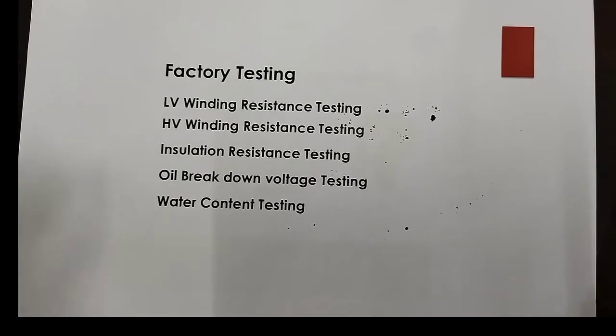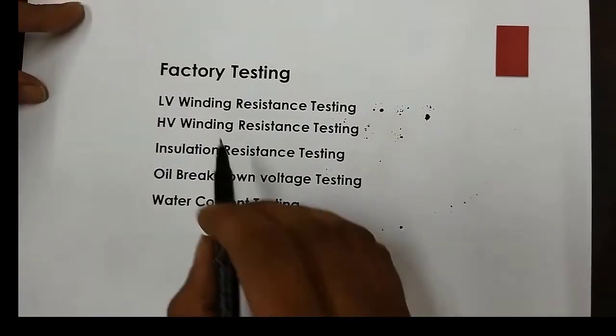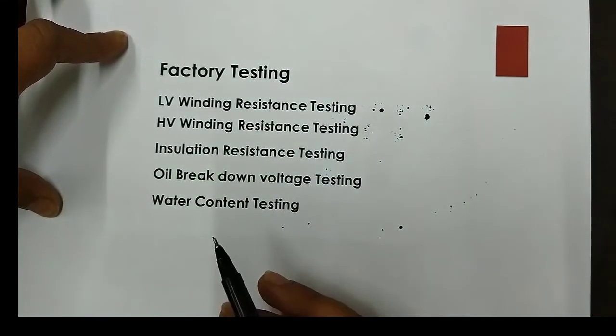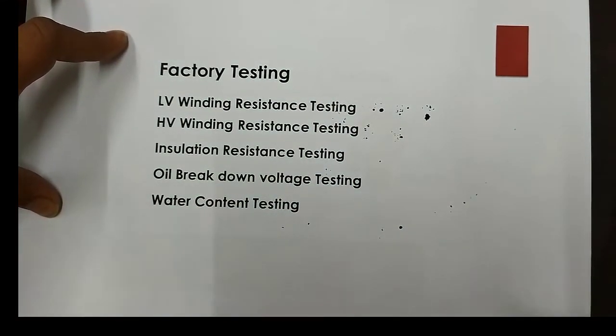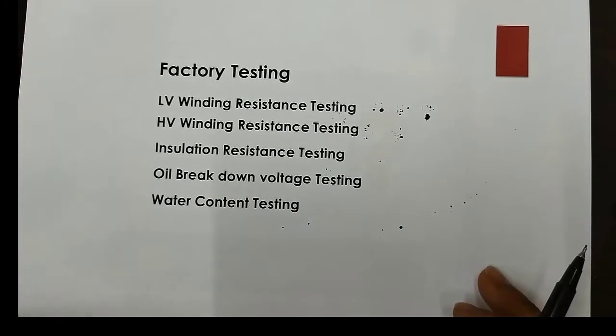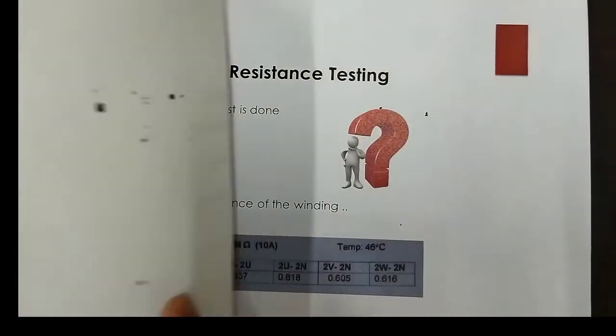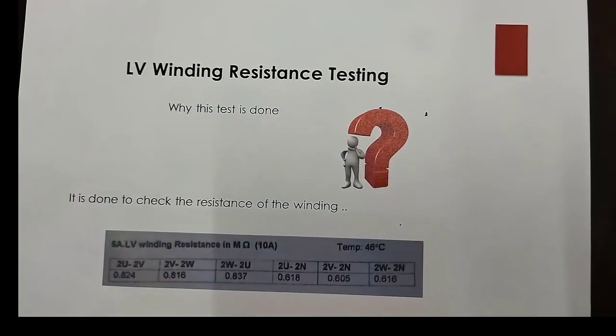Now there are some other tests that are done in factories, like LV winding resistance testing and HV side winding resistance testing, insulation resistance testing, oil breakdown voltage testing, and water content testing of the insulation oil. We will start with LV winding resistance testing.